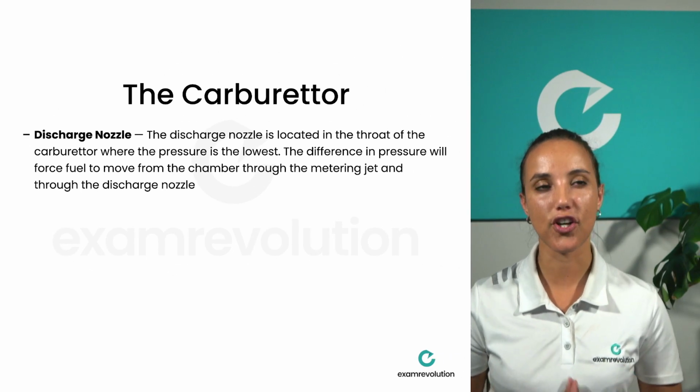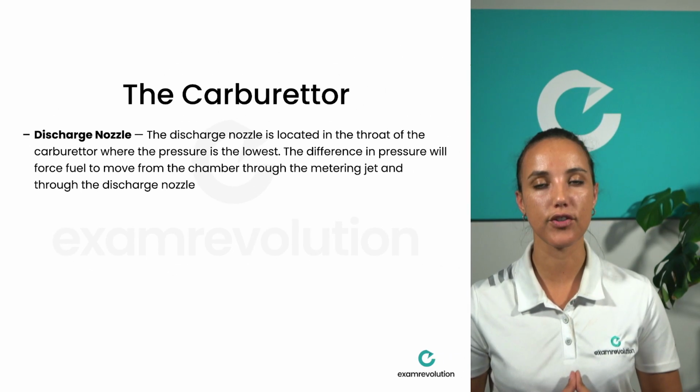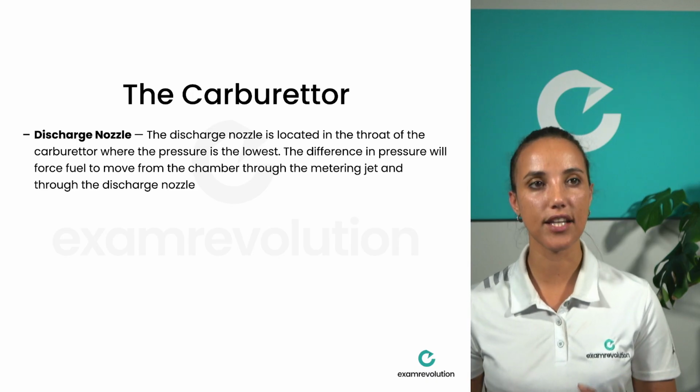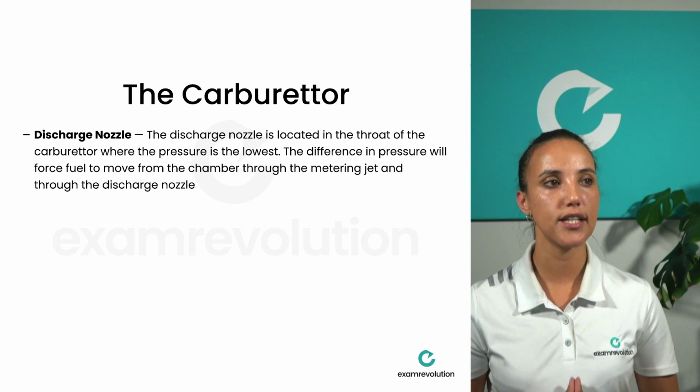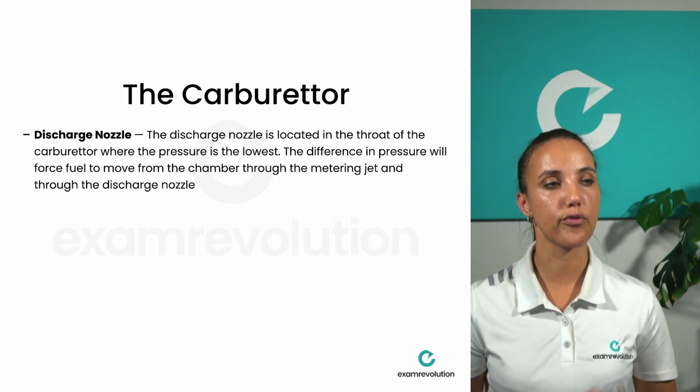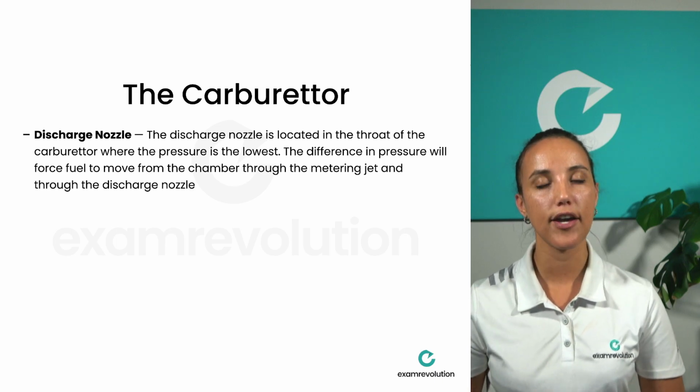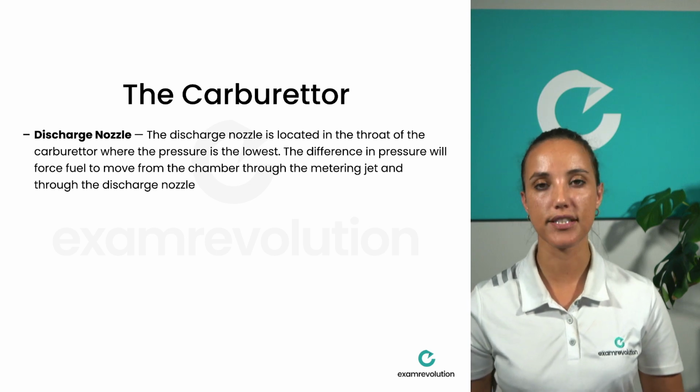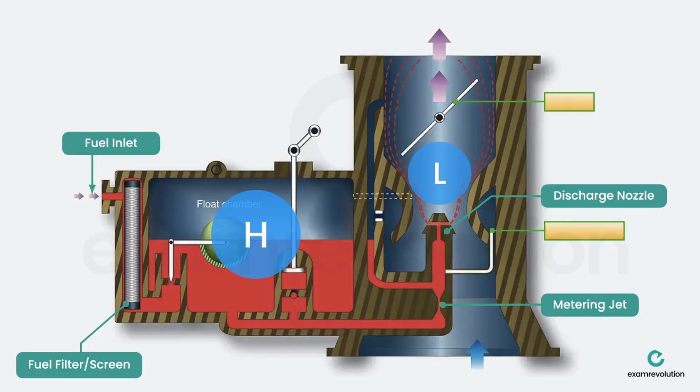Now the discharge nozzle is located in the throat of the carburetor where the pressure is lowest, and the difference in pressure will force fuel to move from the float chamber through the metering jet and through the discharge nozzle. So now we have a low pressure in the throat of the carburetor in the venturi, and then you've got a high pressure in the float chamber region.